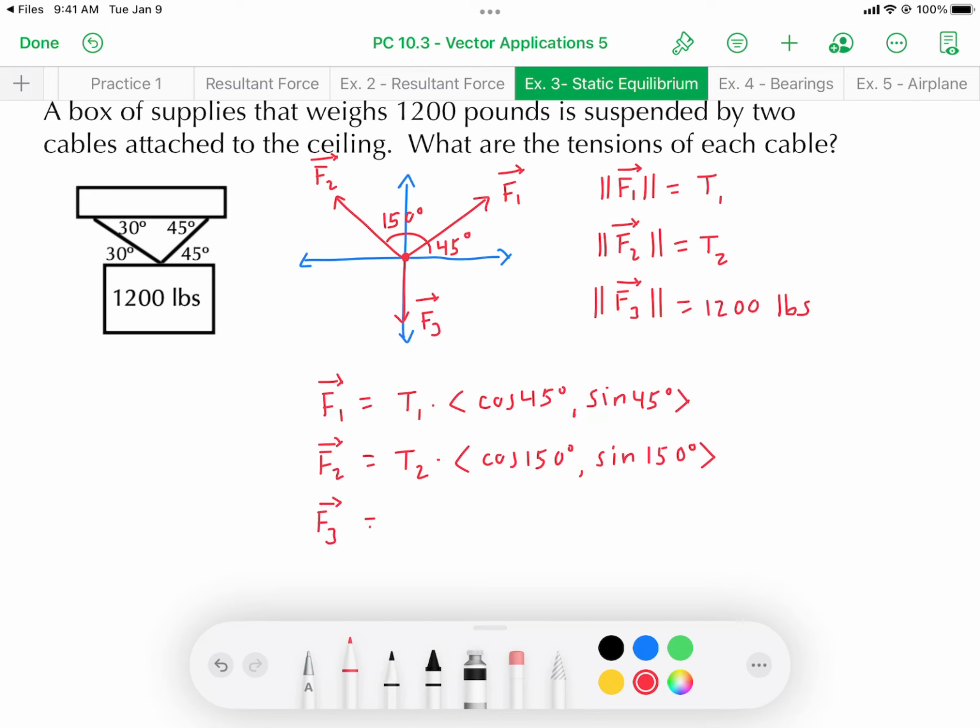And then F sub 3, again, we know its magnitude is 1,200 pounds. And then what would the angle be associated with that third force vector? Good, 270. So we need cosine of 270 and sine of 270.